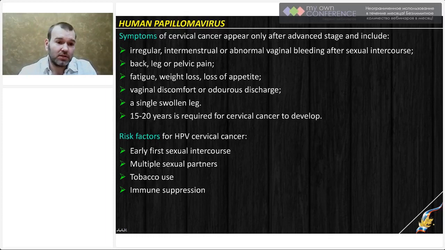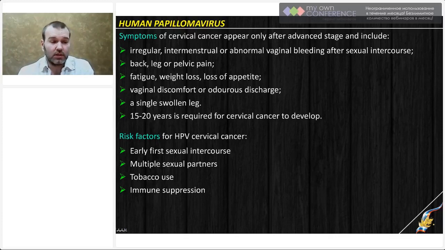Usually the first symptoms specific for cervical cancer will appear as different types of disruptions in the menstrual cycle, abnormal vaginal bleeding which worsens after sexual intercourse, and different types of discomfort, not very pleasant smelling discharge, pain in the lower part of the abdomen, and in some cases even swelling of the legs was noticed by women suffering from cervical cancer.